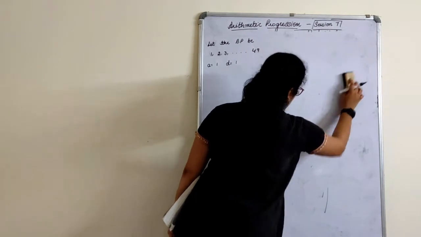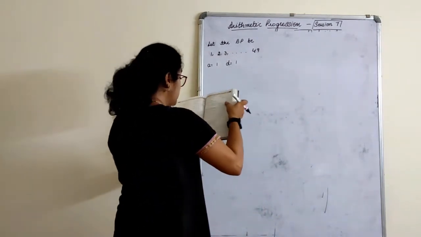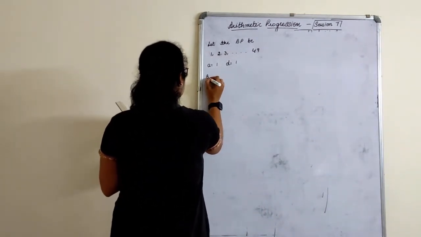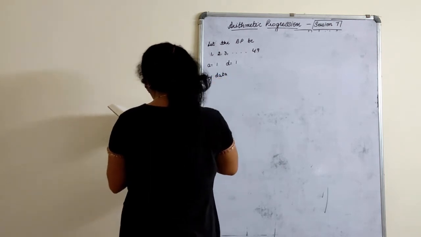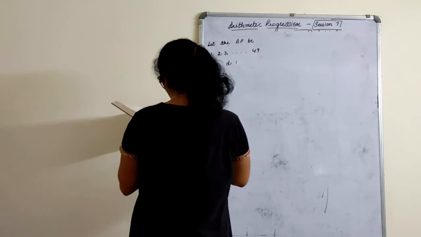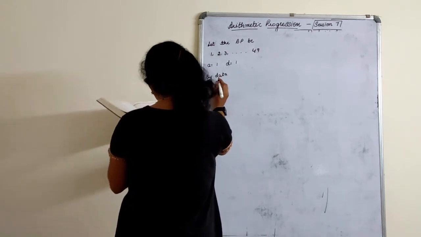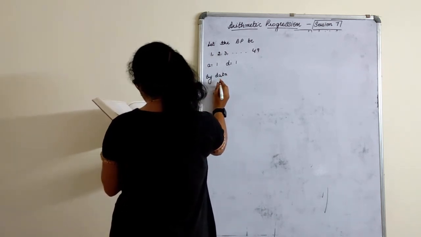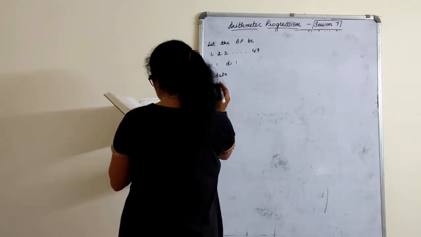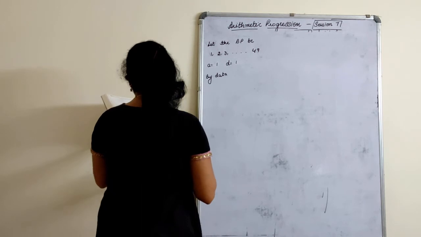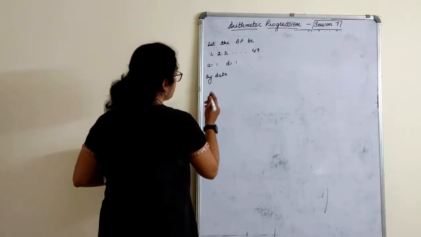So let us write down. According to the given question, by data, the sum of number of houses, show that the value of x such that the sum of the number of houses preceding the house number x.